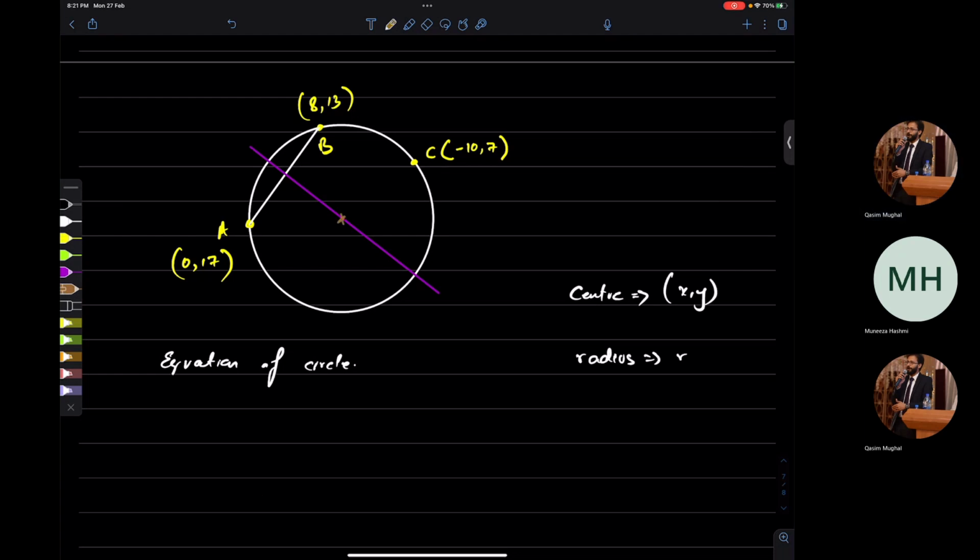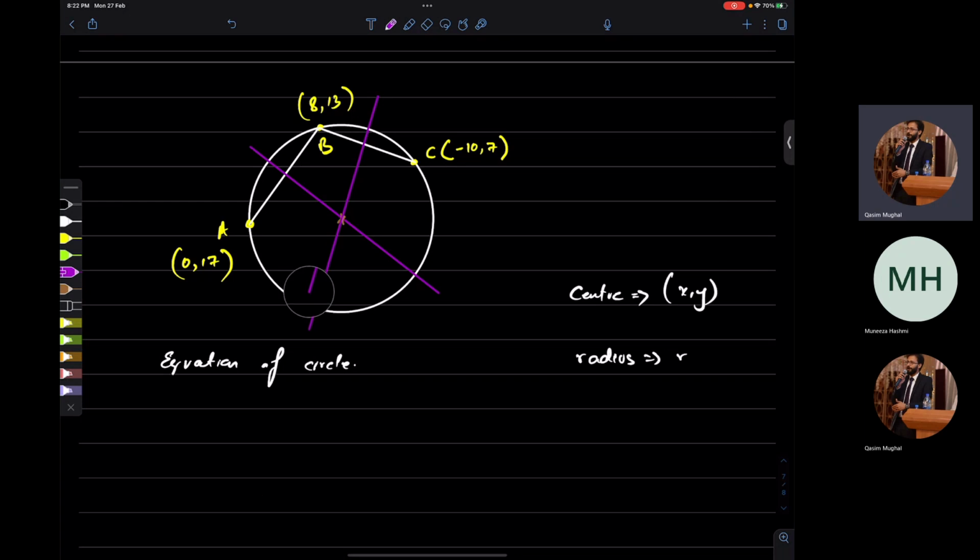In exactly the same way, if I draw a perpendicular bisector of B and C as well, I know for sure that this perpendicular bisector of B and C will also pass through the center of the circle. So let's name the two perpendicular bisectors L1 and L2.